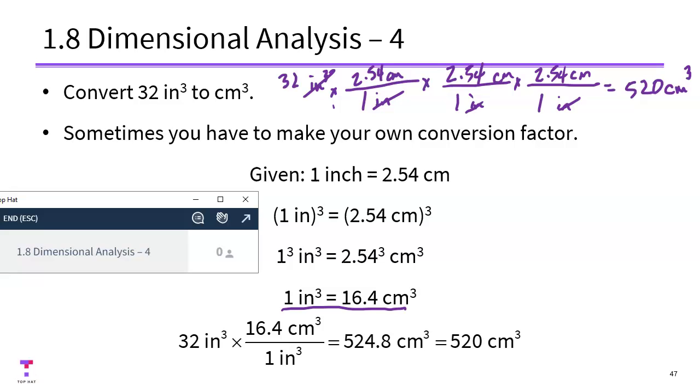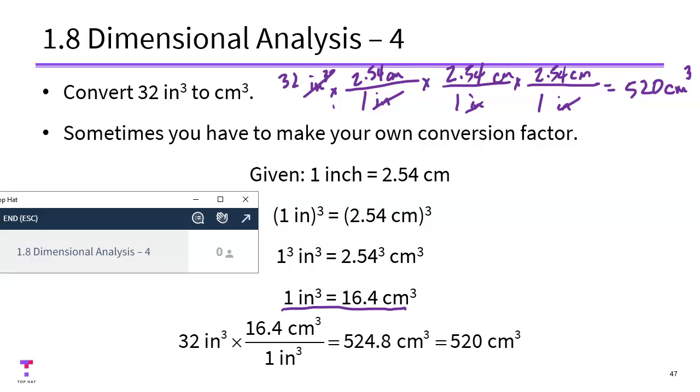If I want to do cubic inches into cubic centimeters, it's the same thing, only instead of applying the conversion once, I have to apply it for each of the three dimensions. So once for the length, once for the width, once for the height. And so when I do that, that conversion happens 1, 2, 3 times. I end up at the same answer, 520 cubic centimeters.